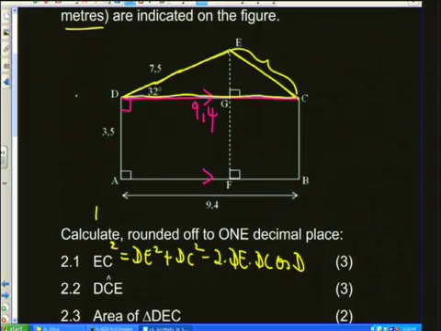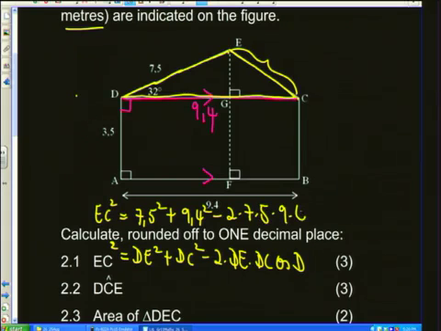EC squared is what we want to find. DE is 7.5 squared, we add DC, 9.4 squared, and then we take away the product of the two sides, times the cos of 32.